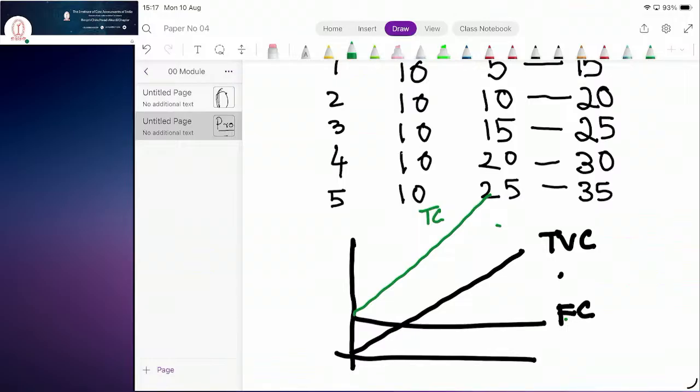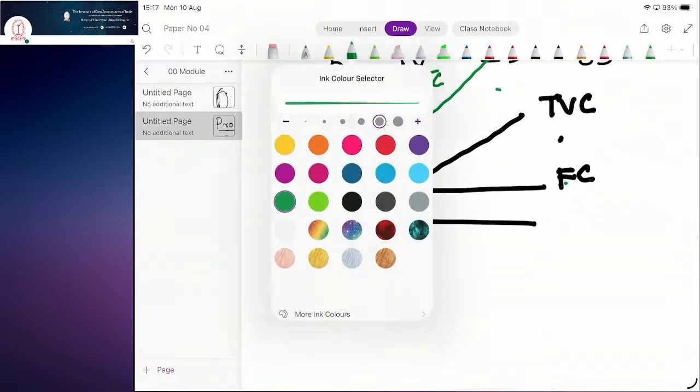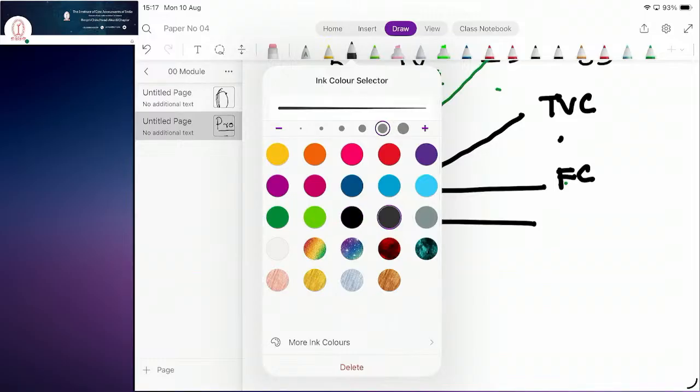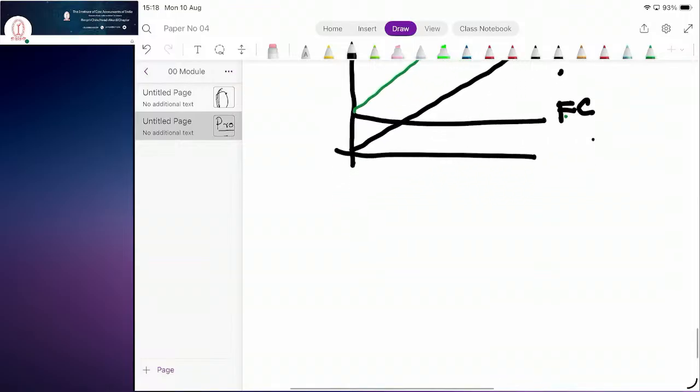From now let's define some more cost concepts, which are very critical. Right now we have defined total cost, total variable cost, and total fixed cost. There is also another important cost which is called marginal cost.